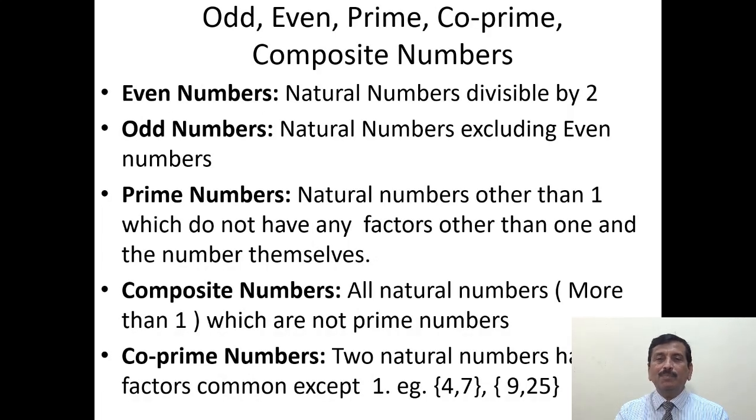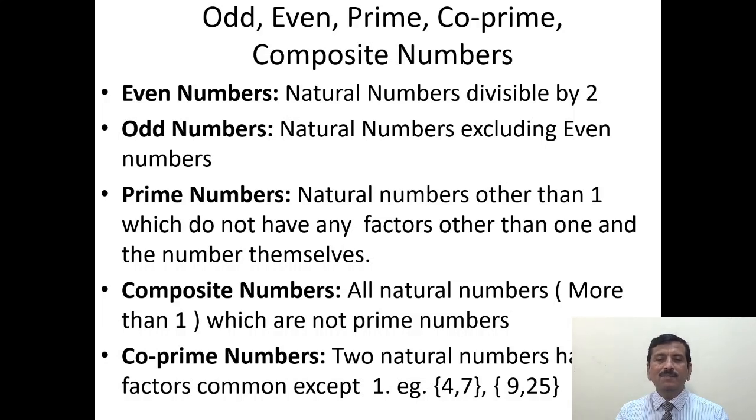We'll see the other types of natural numbers, such as even numbers. All natural numbers which are divisible by 2 are called even numbers. Odd numbers are all natural numbers excluding even numbers.